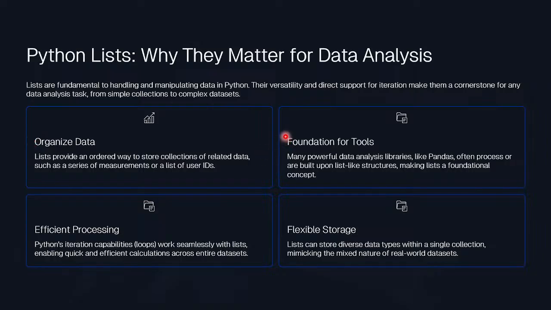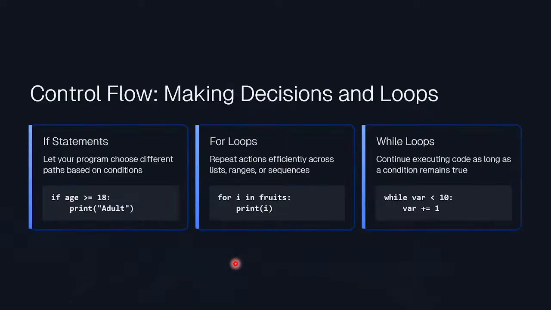Then we have tools like pandas and matplotlib and so many other tools in Python that help us in data analysis, and also help us in efficient processing. It has capabilities like loops and conditional statements like if.